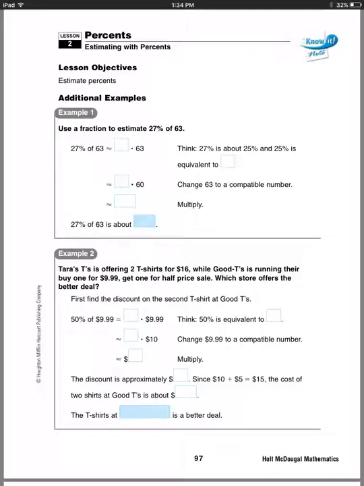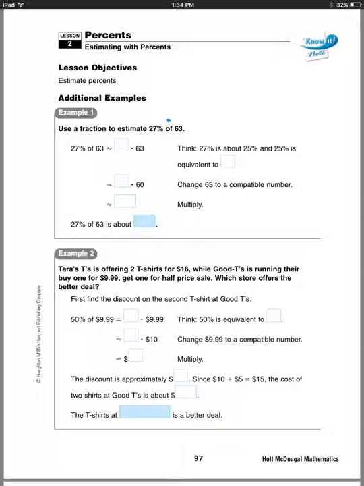So, use a fraction to estimate 27% of 63. Remember that of means multiply, okay? So, 27% is about 25%, okay? We're trying to round these two numbers to ones that are easier to multiply by. 25 is a little bit easier to multiply by and easier to change to a fraction than 27%.